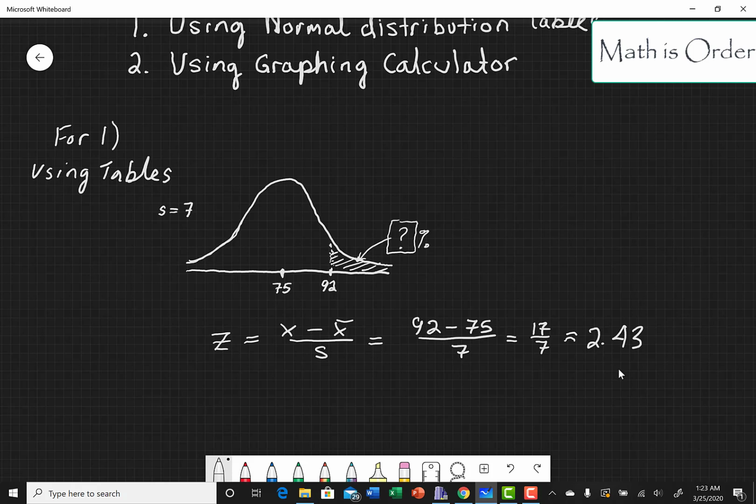So let's find out what the left area is. I'm going to write this: z equals 2.43 has a corresponding left area.